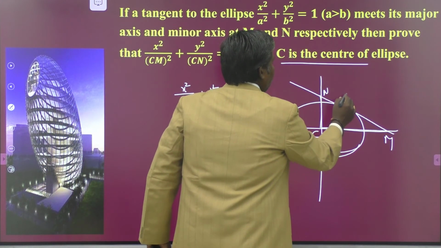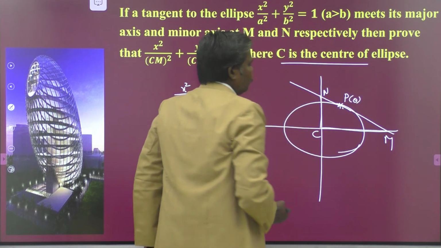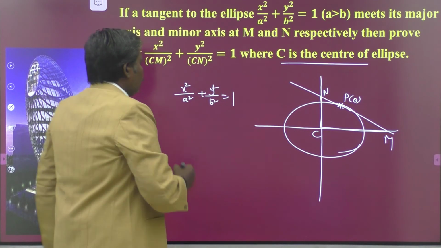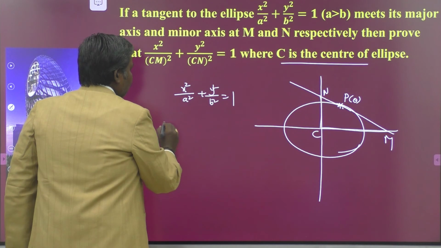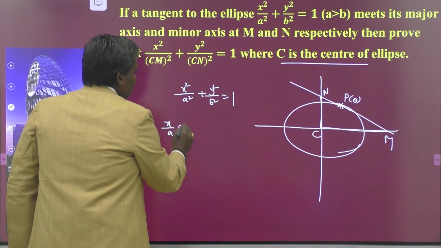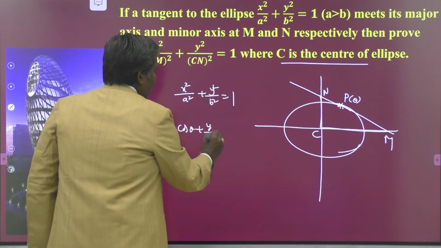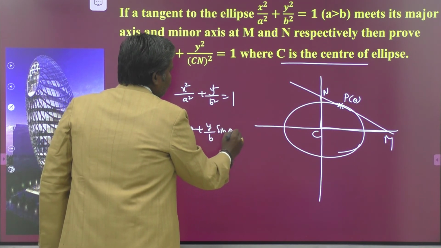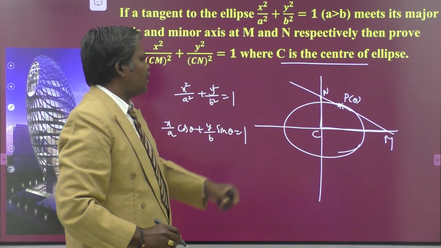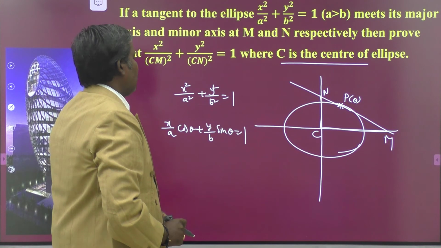Suppose this is my point P(θ). Now, the equation of tangent at P(θ) is what? x/(a cos θ) + y/(b sin θ) = 1. This is the equation of tangent at θ to the ellipse.